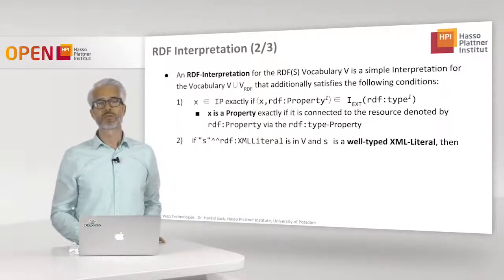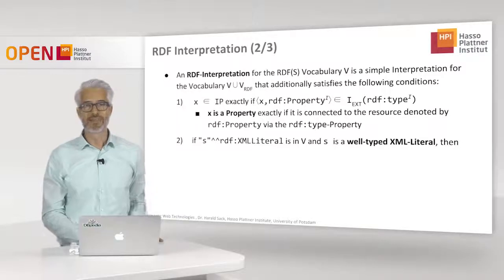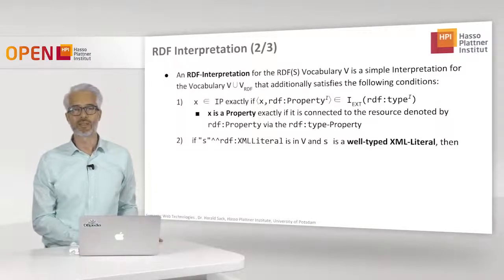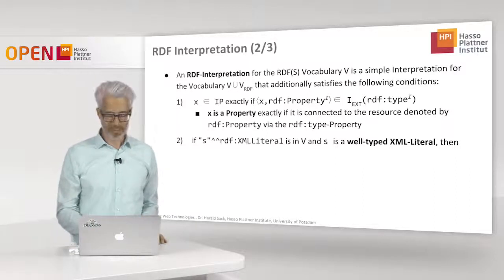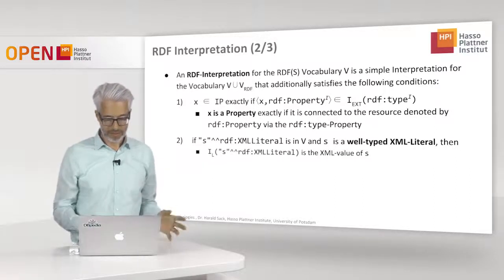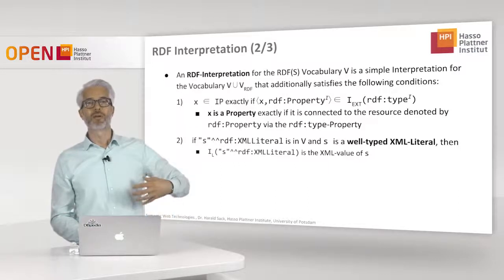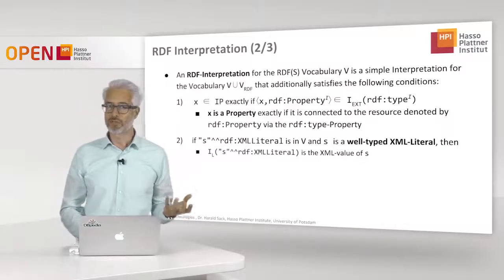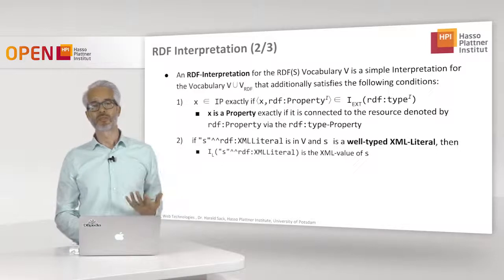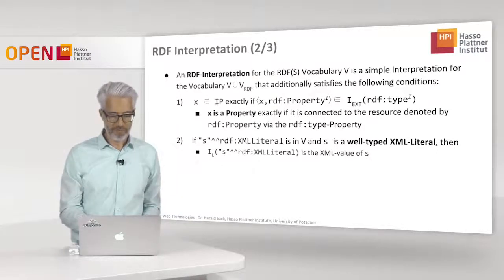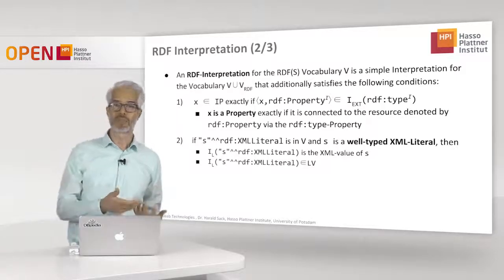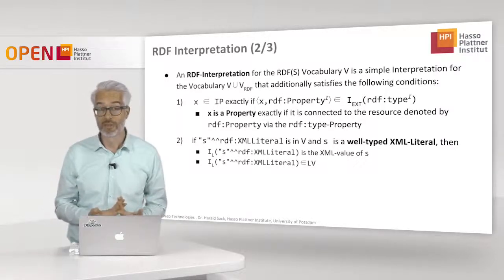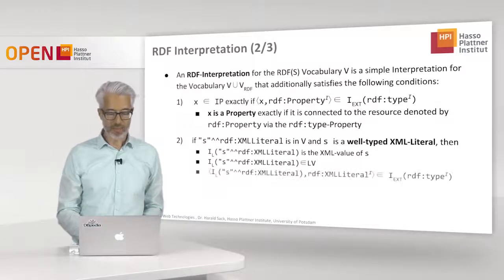Let's have a look at the literals next. If S is an XML literal, so if this is part of our vocabulary, and S is a well-typed XML literal, then if I apply the interpretation function of literals on that, the outcome is the XML value of S. And of course, the outcome is part of all the literal values, which again, we know is a resource.